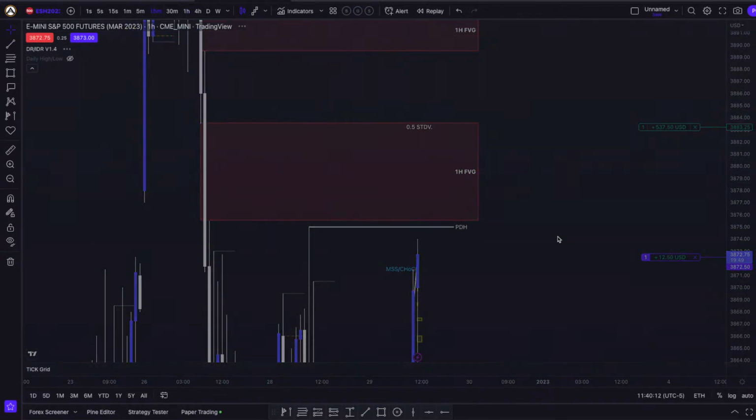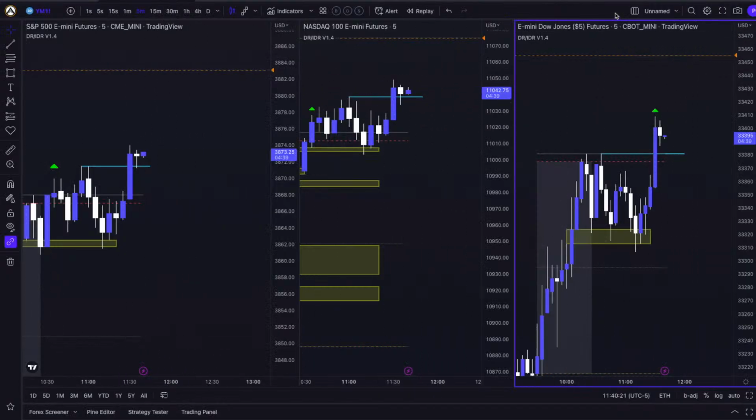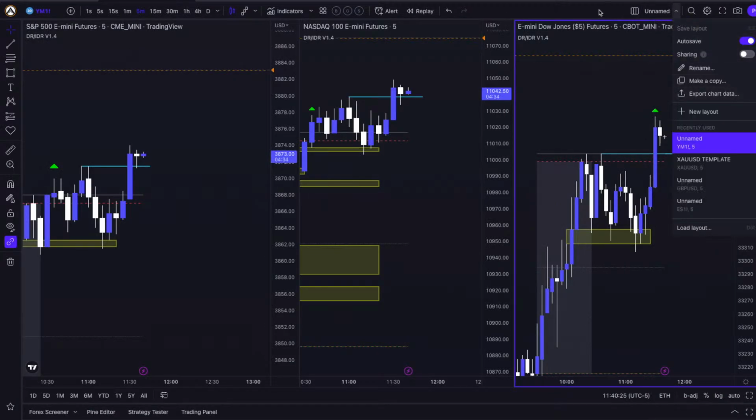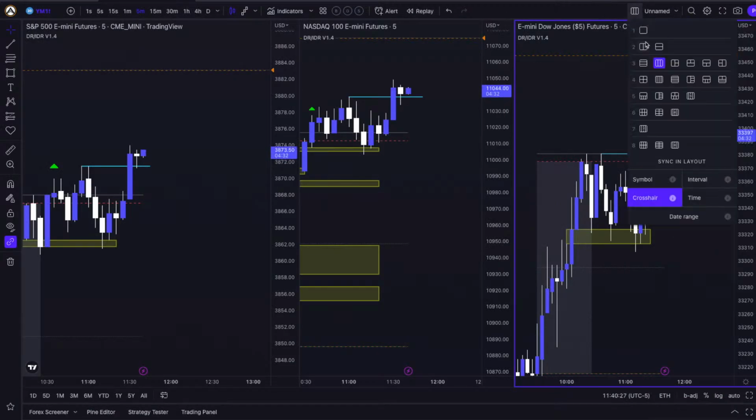Then we broke it down to a 15-minute time frame. All 3 windows at the same time. Right here where you usually have your layout saved, you click on select layout and you can choose a layout.